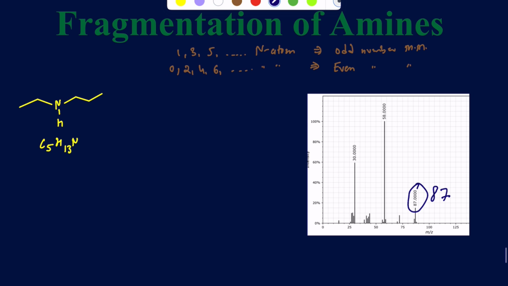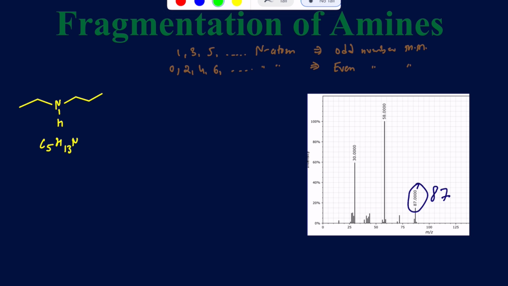So this amine is the one I have drawn on the left side. This is C5H13N, and I can go ahead and calculate the DOU, which would be 0 when you do the math. That means there is no double bond, no triple bond, no pi bond whatsoever, and no ring.